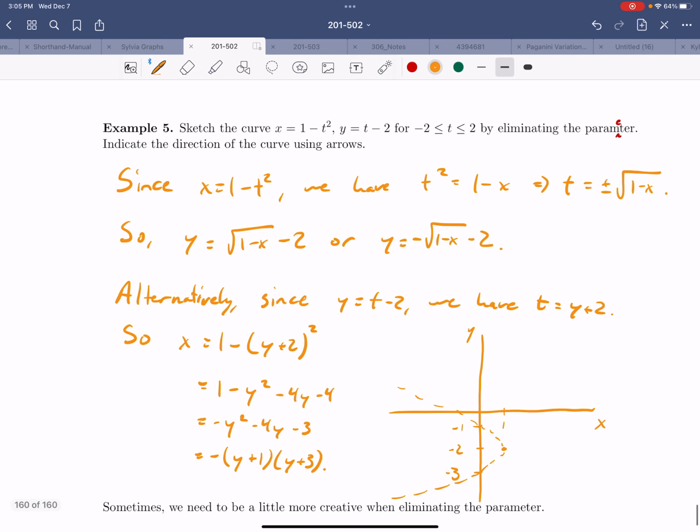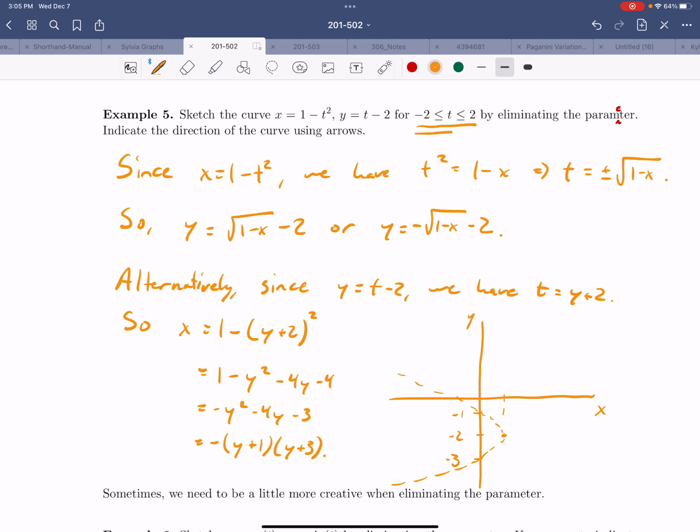But in practice, we need to make sure that we are abiding by this restricted domain of the parameter, so t is between negative 2 and 2. So let's see what we have here. Let's set up a little chart over here. So when t equals negative 2, let's see what we get here. x is going to equal 1 minus negative 2 squared.